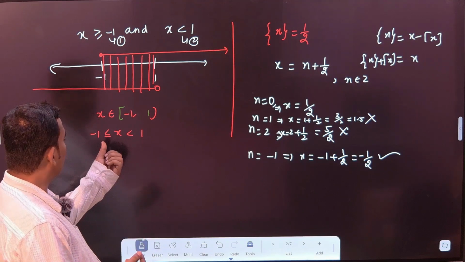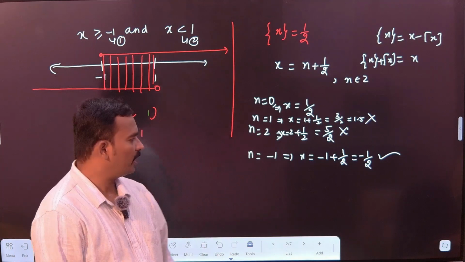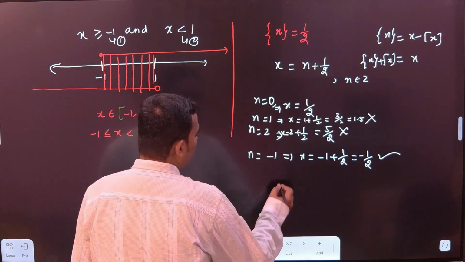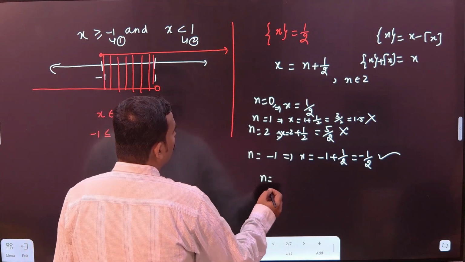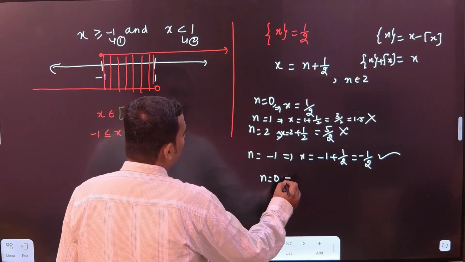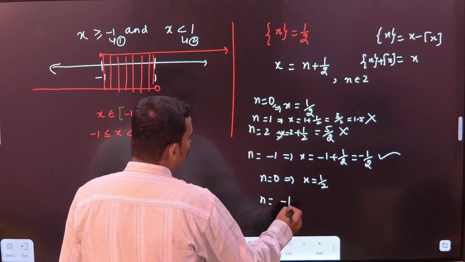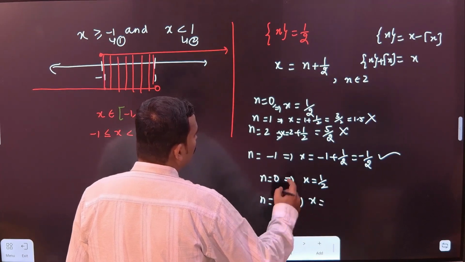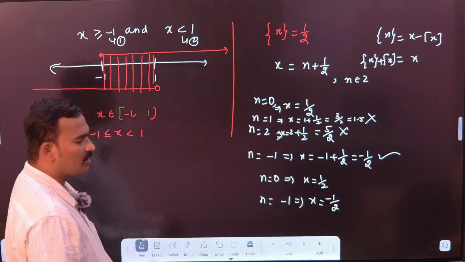That is less than -1, so we need -1 to 1 only. Therefore, only two solutions are possible. n equal to 0 gives x equal to 1 by 2. n equal to -1 gives x equal to -1 plus 1 by 2, which is -1 by 2. These are the two solutions.